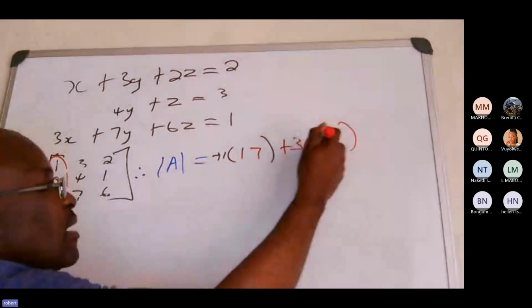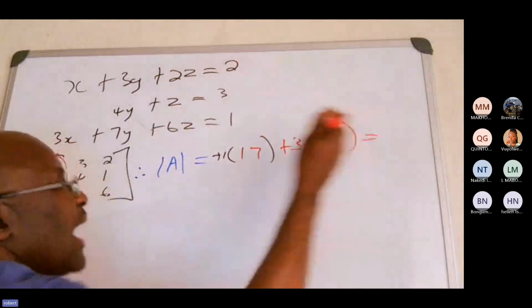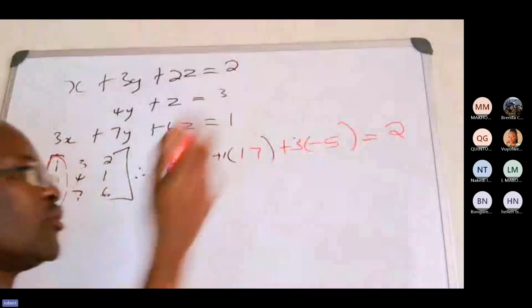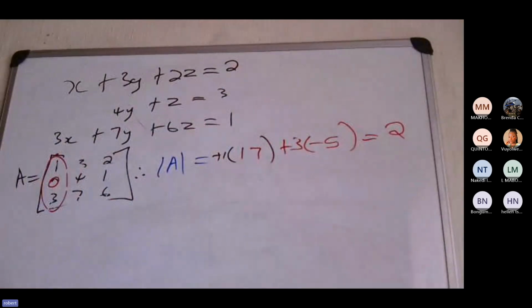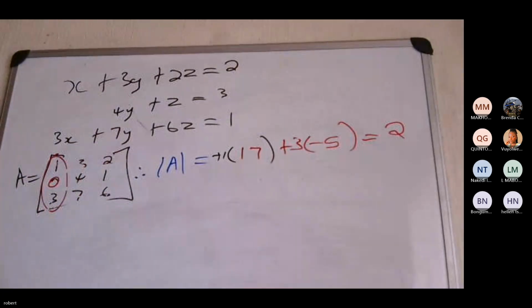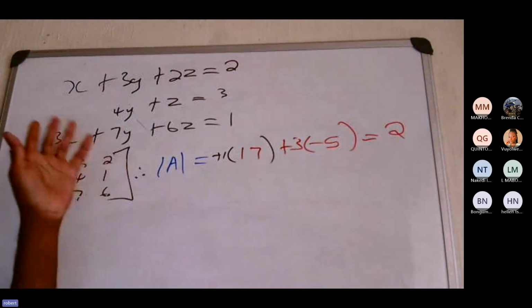Then you write the answer. It will be 17 minus 15. What is 17 minus 15? It is 2. Therefore, this now has an inverse. Therefore, we can proceed.